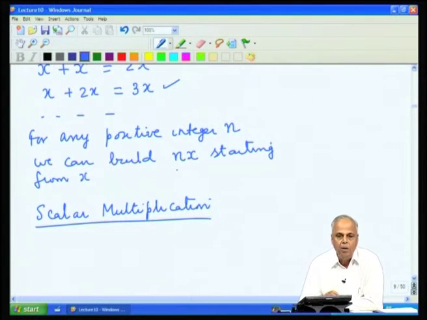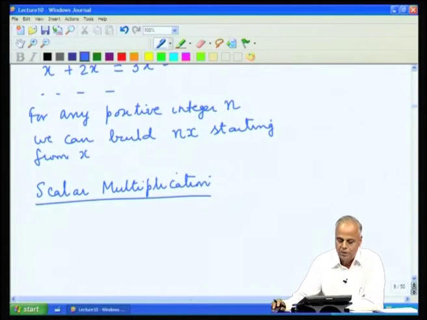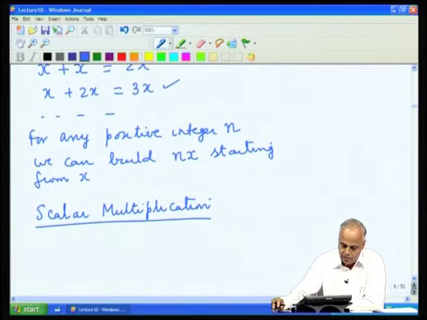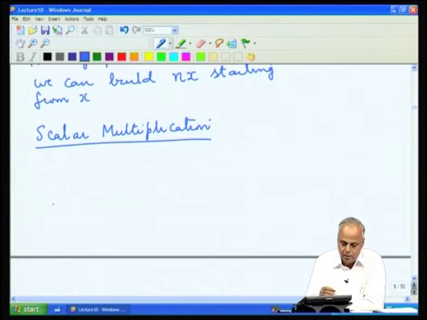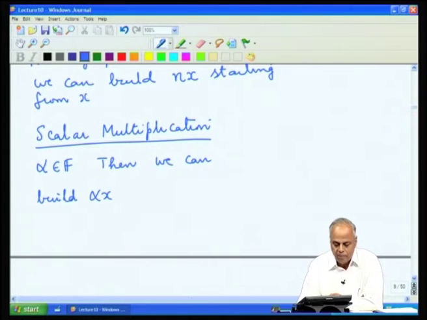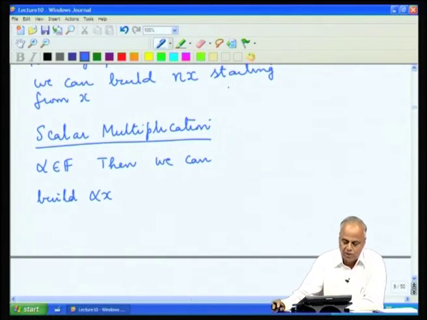Now, you see we already have one type of scalar multiplication generated by addition, namely nx. Now, instead of n, scalar multiplication says you could have chosen any alpha in the field. So, let us look at alpha in F, then we can build alpha x. As alpha varies over F, we get a large collection of vectors, and we see that this encompasses the nx which we have got already.